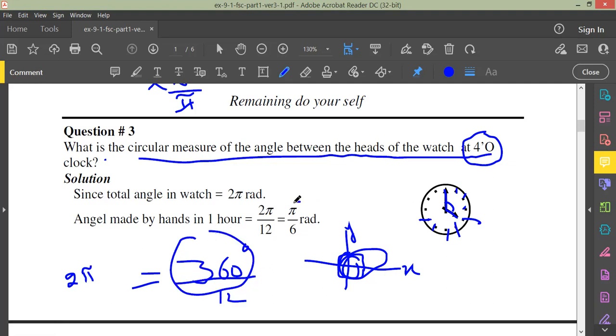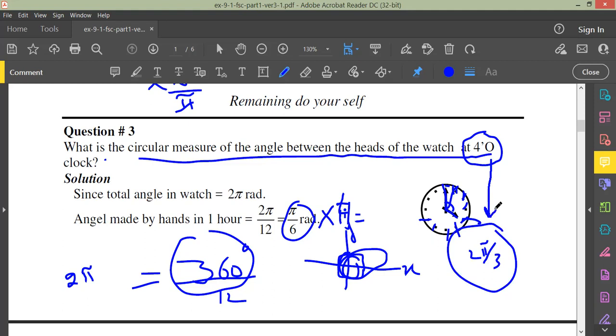This will be equal to pi over 6. This is the angle between two dots. So if we count, 1, 2, 3, 4, the angle between four dots will be equal to pi over 6 multiplied by 4. This will be equal to 2 pi over 3. This is the angle at 4 o'clock.